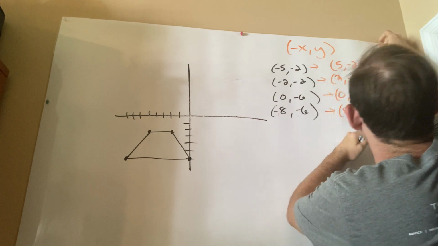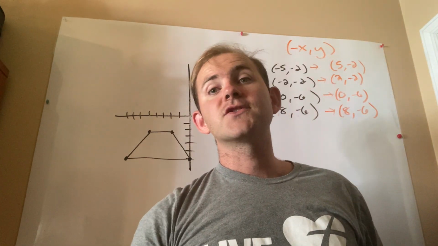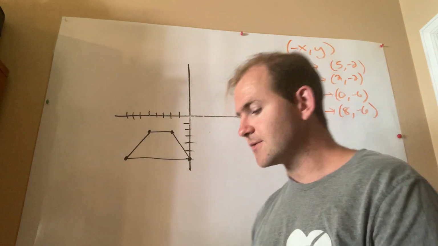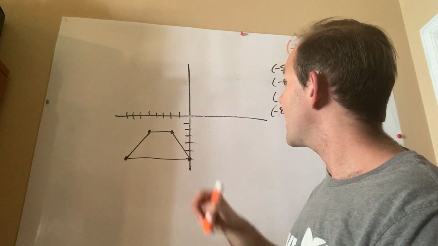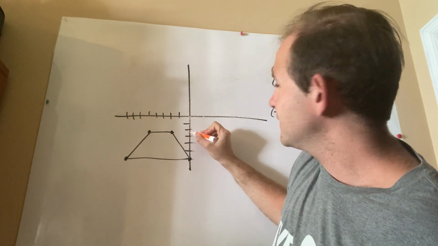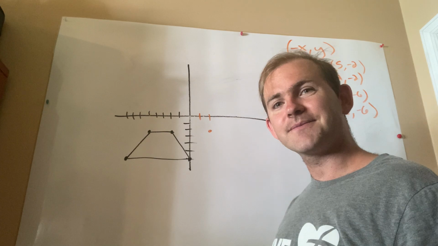Yes, we can. Okay, now, let's say that instead we wanted to do this graphically. Well, to do it graphically, all I'd have to do is recognize that each of these points is a certain distance away from the y-axis. So this one right here is 2 on the left, so all I'm going to do is put it 2 on the right.